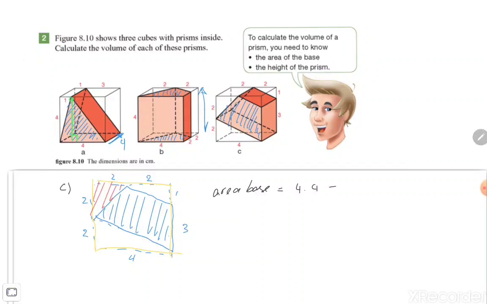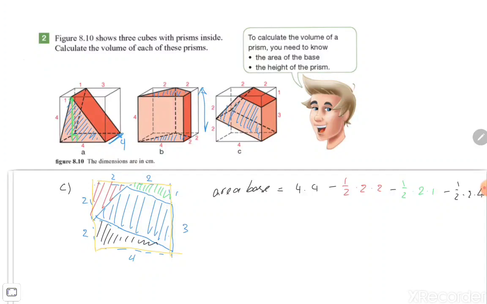The first one, minus a half times 2 times 2. Then the next one, the green part, minus a half times 2 times 1, and then the last part, minus a half times 2 times 4.